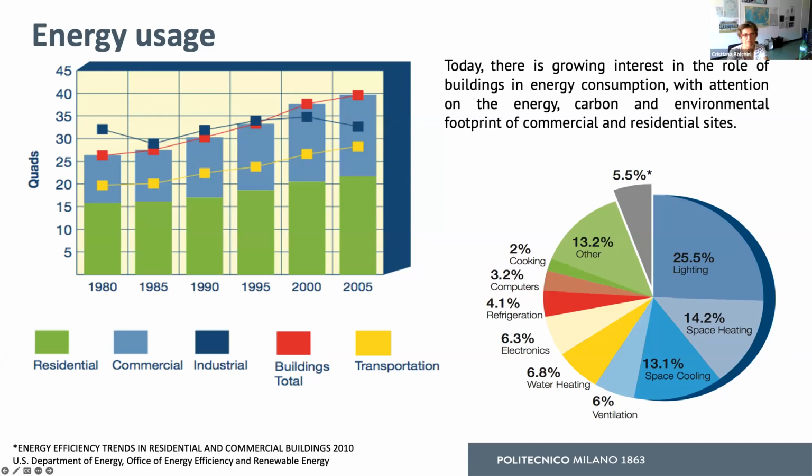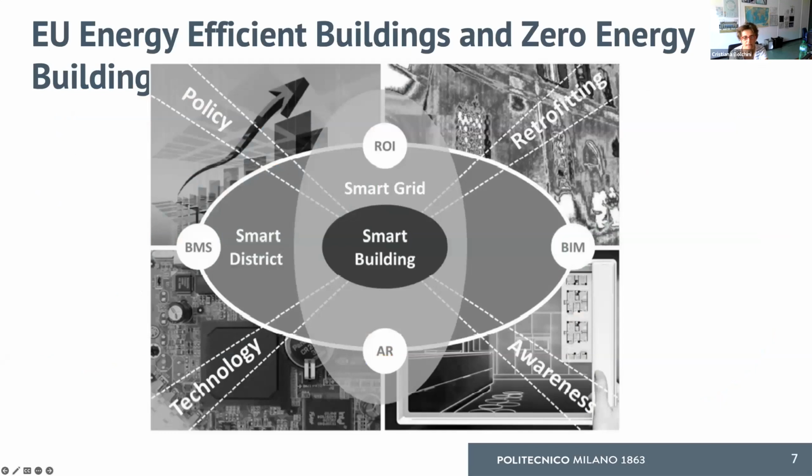If we go one step further and see where the effort and attention of the European Union is with respect to efficiency in buildings, and the idea of zero energy buildings, we see that there are several aspects that play around the central idea of the smart building.